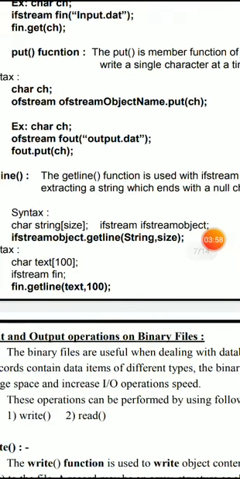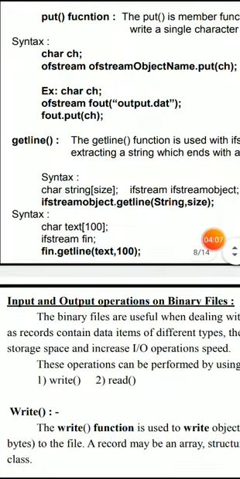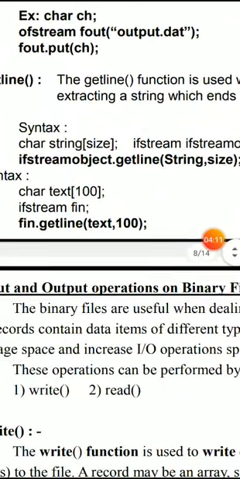So the getLine function allows the user to read an entire line of text until that null character is reached. The syntax of getLine is: first we have to declare the character variable by using a character array, char string size. Char is a data type, string is a variable name, and size is the number of characters present in the respective string.